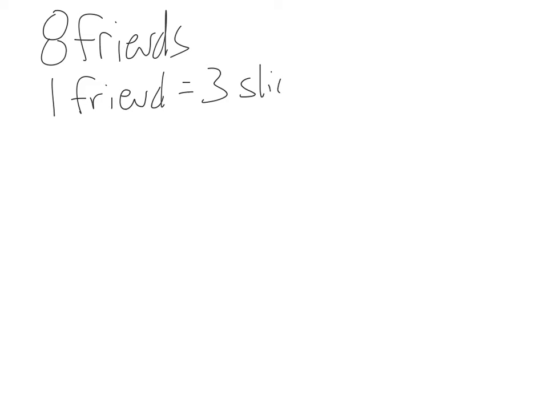So we'll have 8 friends. And we know each friend, this would be a conversion factor, is going to eat 3 slices of pizza. And each pizza that we're going to order is going to contain 8 slices.